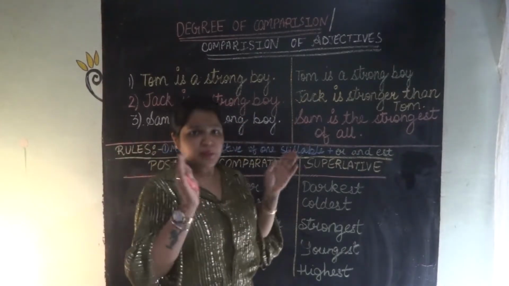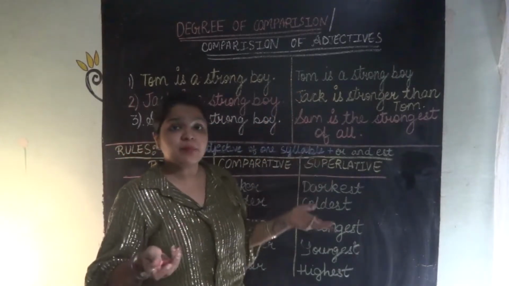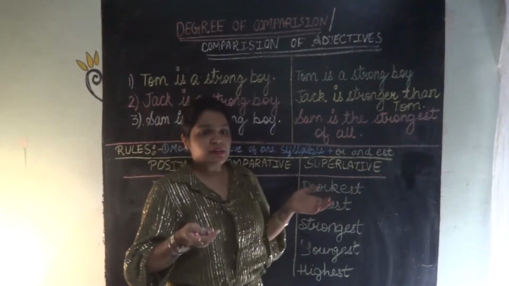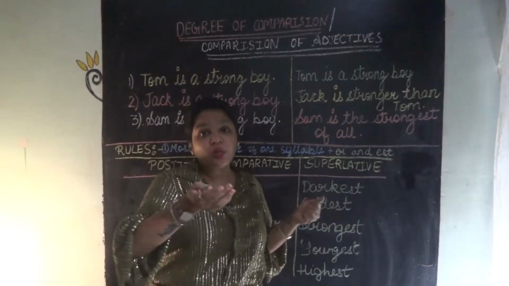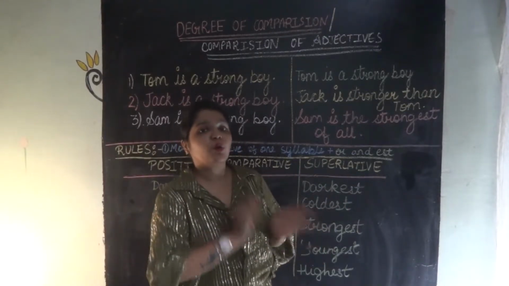There must be some comparison, because qualities cannot be the same in everyone. In you there must be some other quality, and in mine there must be some other quality. The qualities are always different.